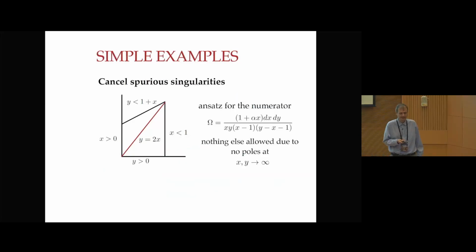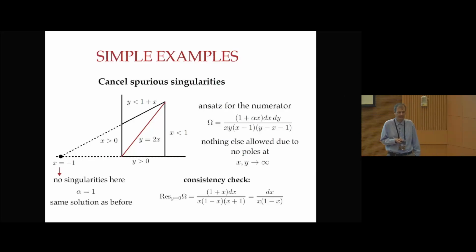That can be seen from a different way of calculating a form. It's there to cancel some spurious singularity. So if you just look at the denominator of this form, it has correct singularities at these 4 boundaries. But it's a 2-dimensional space, so you can go on a second boundary, which is a vertex.